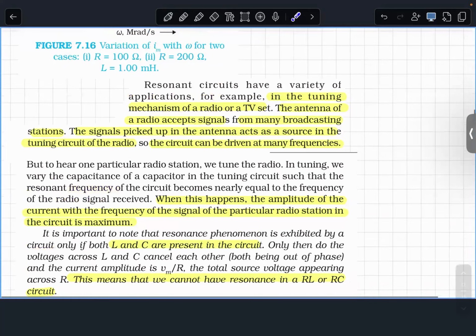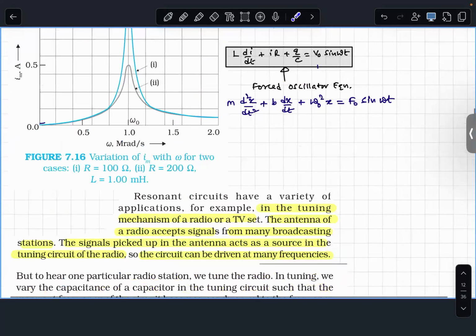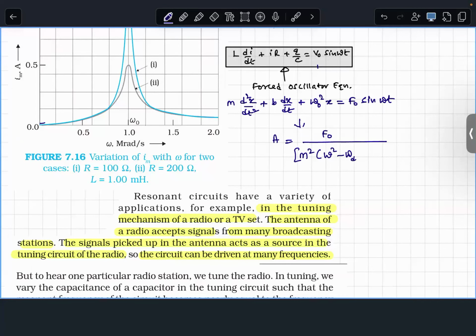See, for this equation, earlier in SHM we wrote the amplitude as F0 by under root of m square times omega naught square minus omega driven square, plus omega driven square b square, whole power 1 by 2.